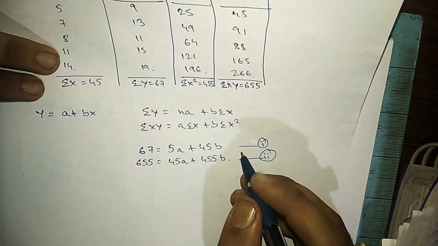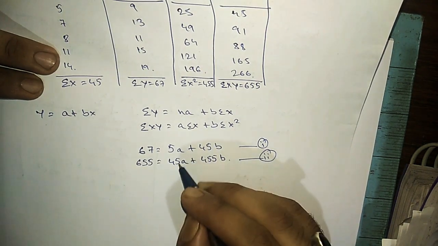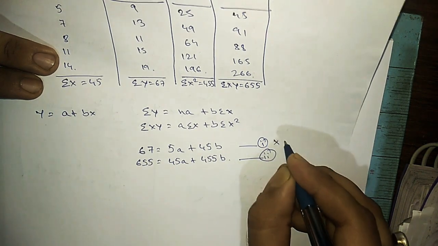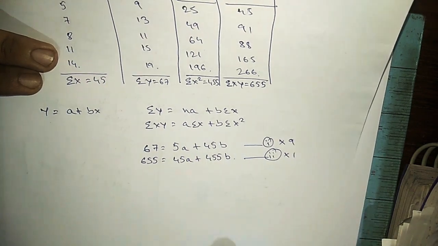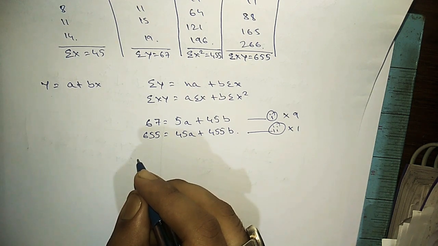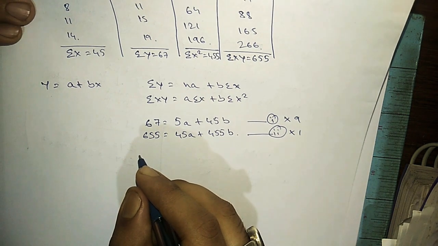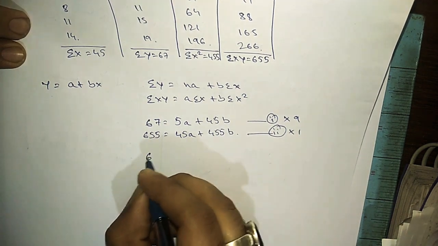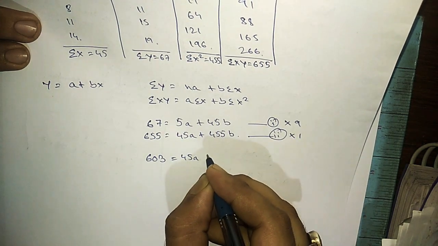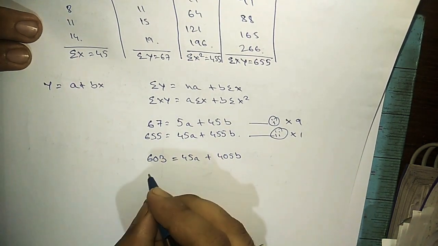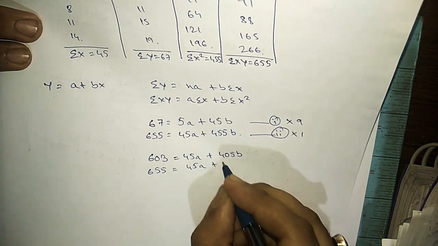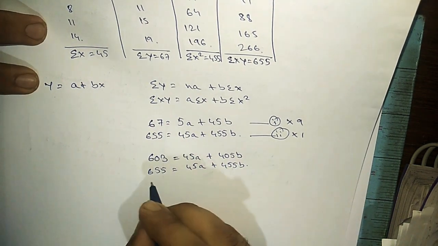Now to make one variable equal, I would multiply equation 1 by 9 and equation 2 by 1. So we will get 603 equals 45a plus 405b, and 655 equals 45a plus 455b.